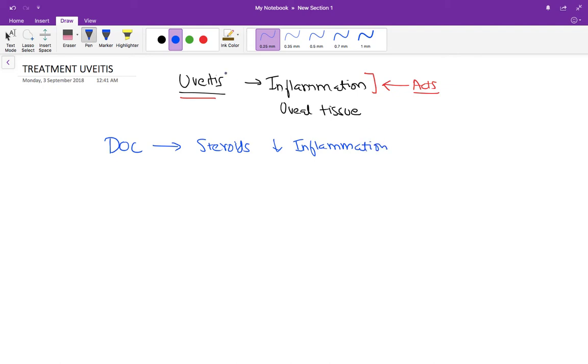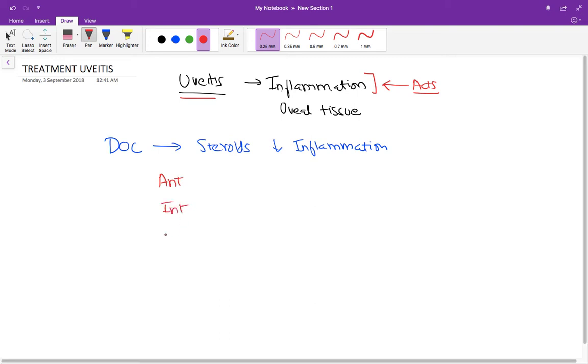Now we have three different types of uveitis: the anterior uveitis, the intermediate uveitis, and the posterior uveitis. The drug of choice for any type of uveitis is steroids.